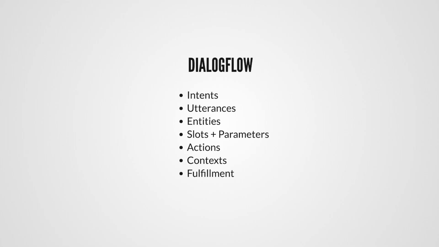And then that, in turn, leads to fulfillment, where we are now requesting some sort of backing API, or maybe we're returning the answer directly, hard-coded, either with maybe parameter replacement, or maybe one of a few different potential answers.